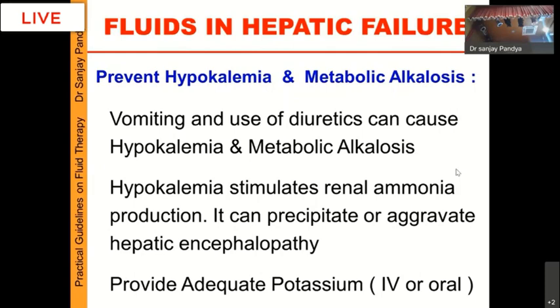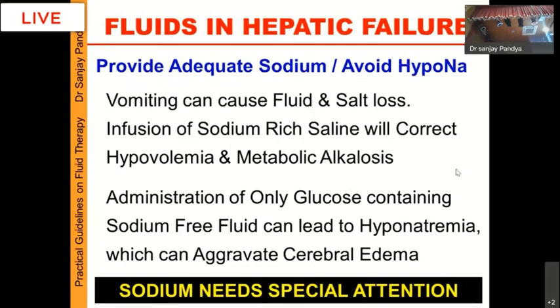Hypokalemia needs very special consideration because if potassium is low, it will stimulate renal ammonia production, which can precipitate or aggravate hepatic encephalopathy, and therefore provide adequate potassium. When we see a patient with a hepatic problem, we don't apply mind to calculate sodium.